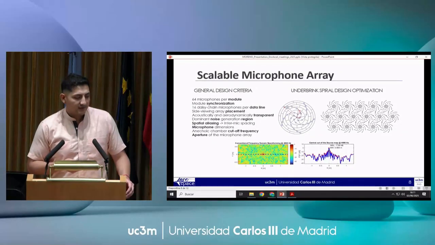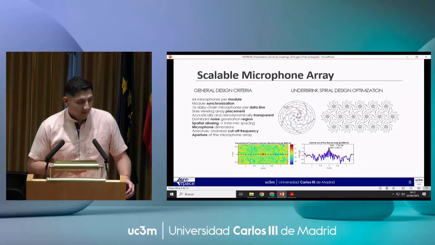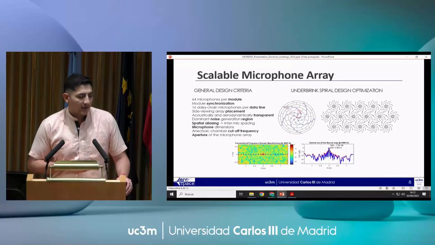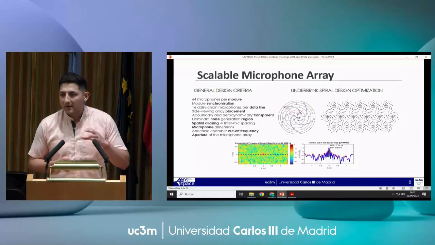This is inspired by, and uses, the Underbrink spiral array, which is very popular and state of the art. I ran some simulations in order to find the best configuration of the spiral parameters.